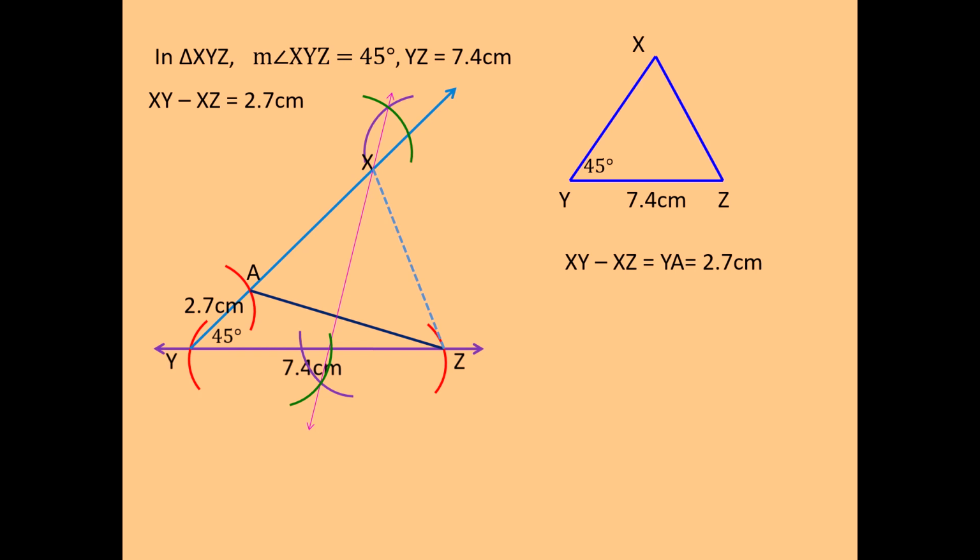In that, XA is congruent to XZ, you know the property, and in XY we have XA extra, that is 2.7, which indicates that XY minus XZ equals YA, that is equal to 2.7. I hope it is clear to you. See you with the next video.